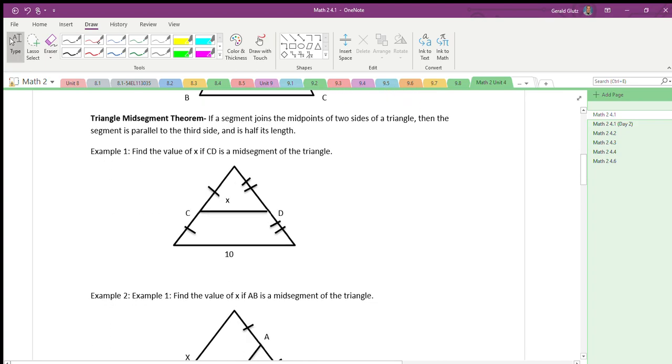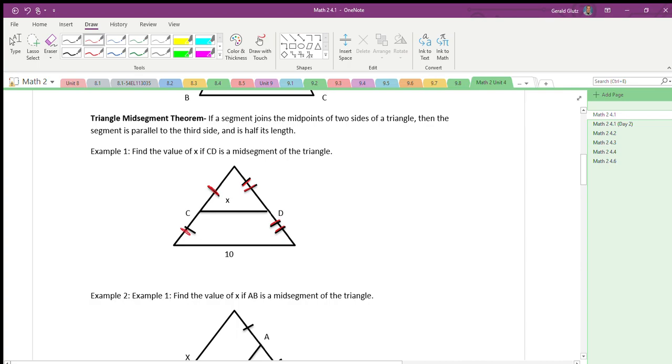Example 1 says that we need to find the value of x if CD is a mid-segment of the triangle. They already tell us that CD is a mid-segment, and we can tell because this line segment is congruent to this one because of these little tick marks. Each one has 2. And this segment is congruent to this segment because they each have 1 tick mark.